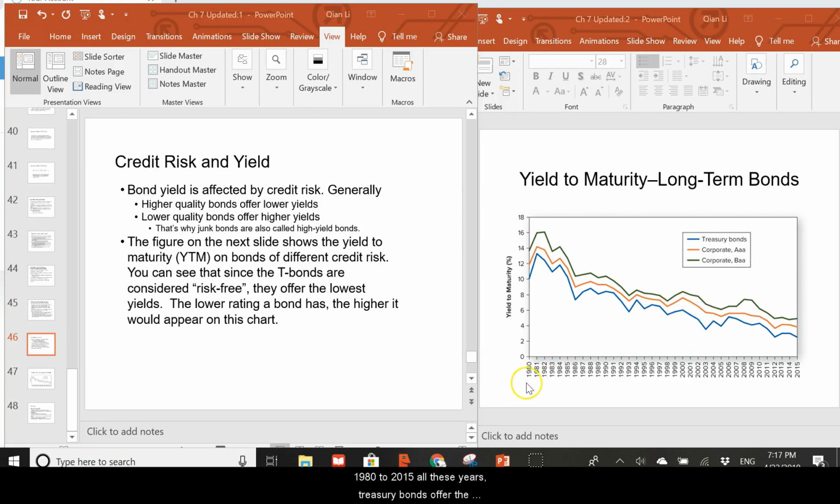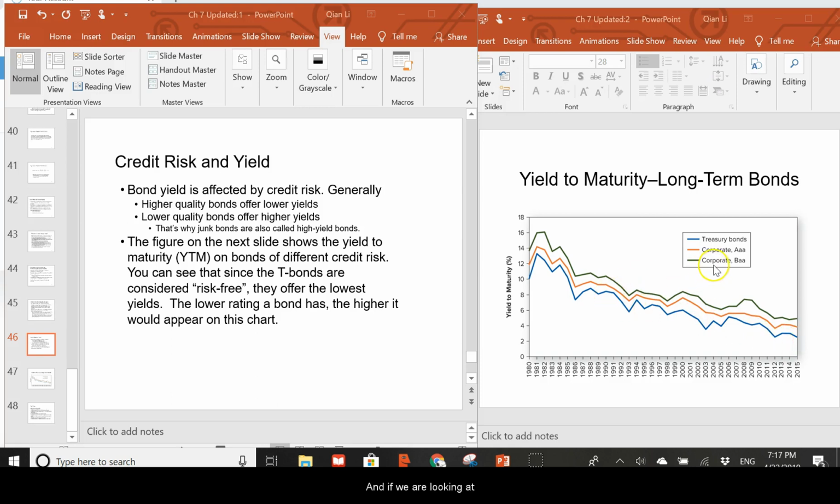And we do notice that from 1980 to 2015, all these years, treasury bonds offer the lowest return. Remember, at the beginning of this chapter, we did mention that treasury bonds are considered the safest investment in the world. And because of that, the yield they offer is also very, very low.